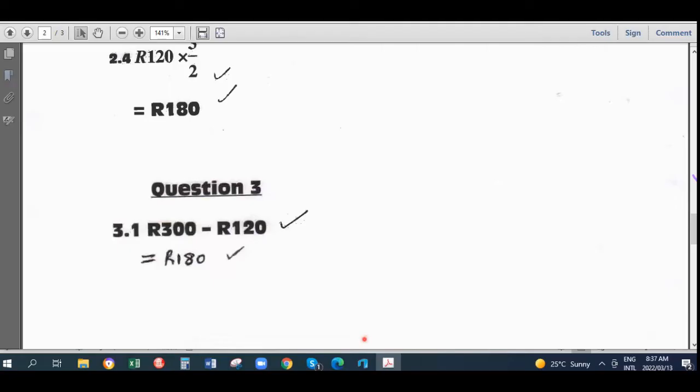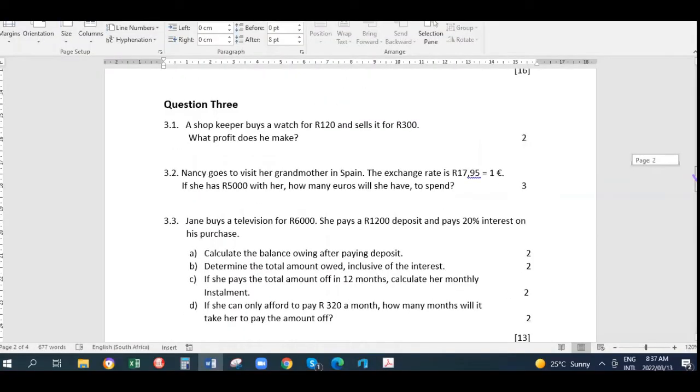Now we're looking at question 3. A shopkeeper buys a watch for 120 and sells it for 300. What profit does he make? If you're buying something and selling it for a higher price, then your profit will be the difference between your selling price and your cost price.